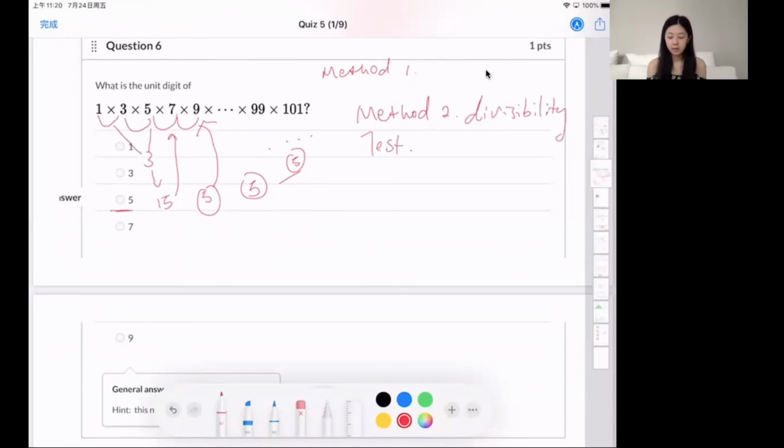If you want a number to be divisible by 5, it has to end with 0 or 5. The unit digit has to be 0 or 5. And we know it's an odd number, so not 0, it has to be 5. So the answer is 5.